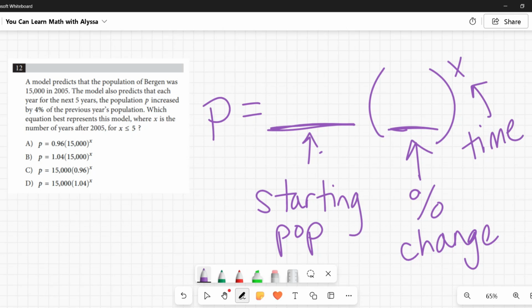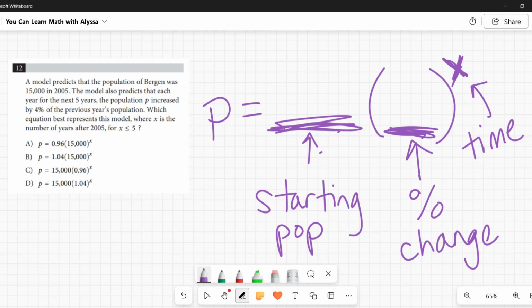There are more complicated versions of this, but this is the version that seems to show up in the SAT. Just a starting population is outside the parentheses. You're multiplying it by a percent of change, and it's going to be usually in a decimal form, and it's over time. Okay, so percent change.